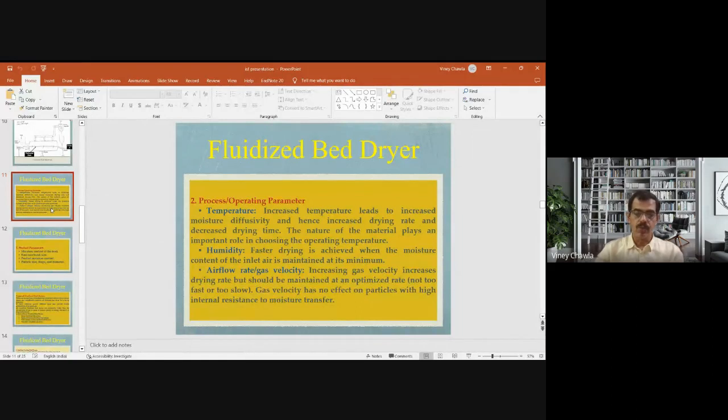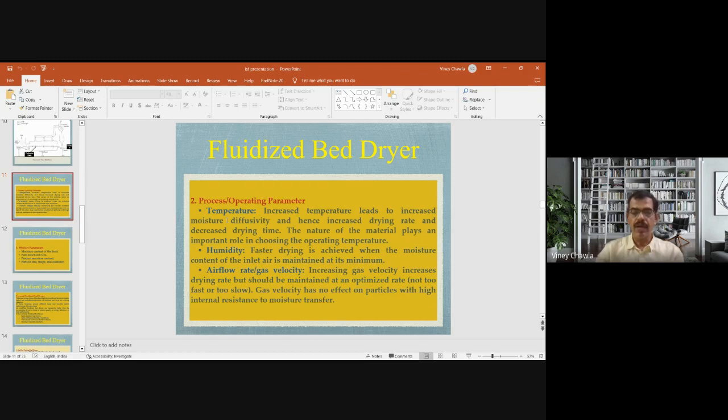Second is humidity. Faster drying is achieved when the moisture content of the inlet air is maintained at its minimum. This is because if you see the equation for heat transfer, Q is equal to UA delta T. So, the higher the delta T, the more it will help us in achieving lesser drying time.